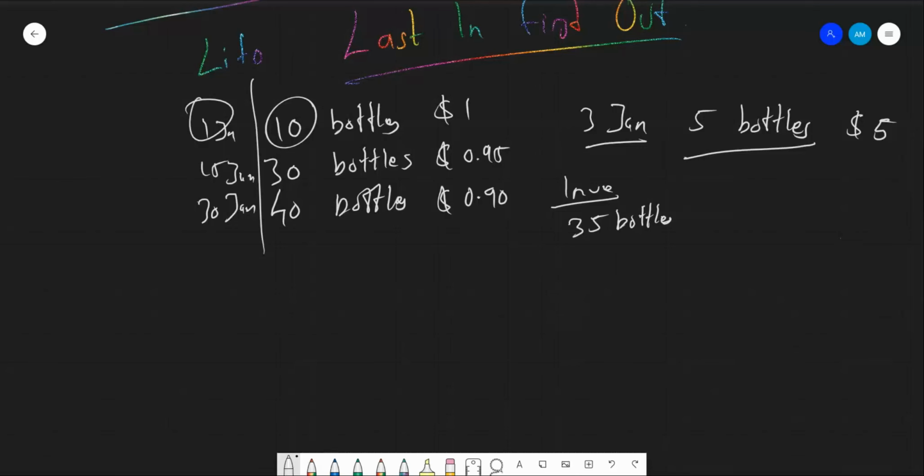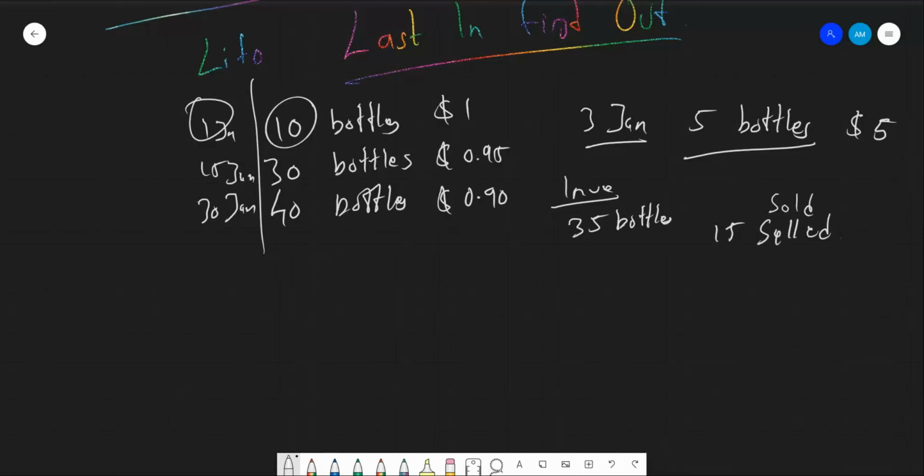We have 35 bottles in inventory, and some person comes and he says he needs 15 bottles. We are selling this, right? 15 bottles sold. Okay, so now what do we do?